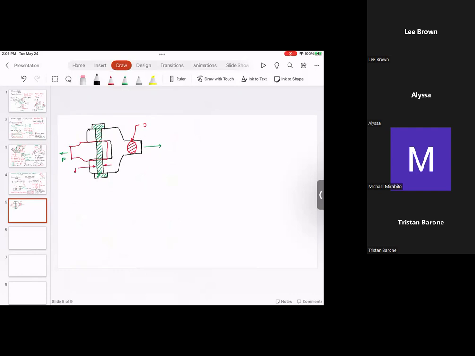So the question is, find, and I'm going to call this the rod, and this the pin, the stresses in the rod and pin.